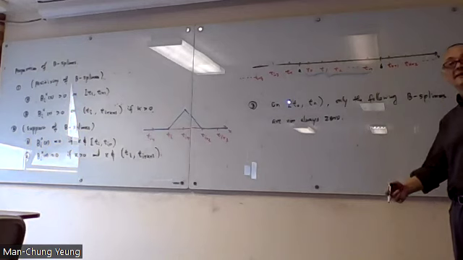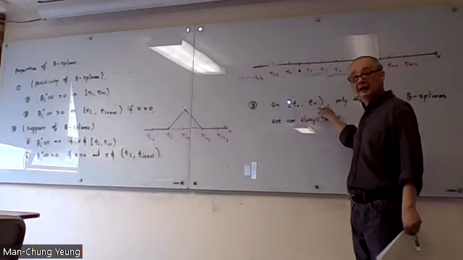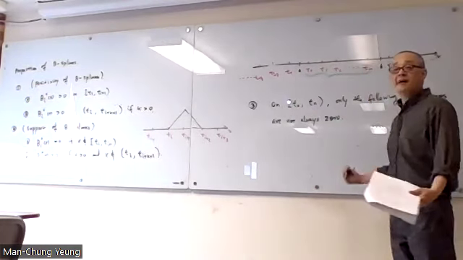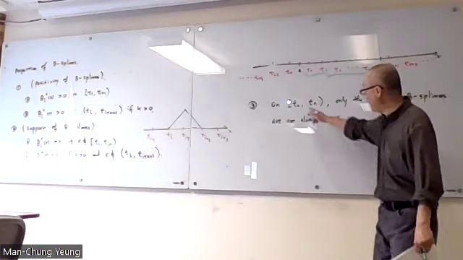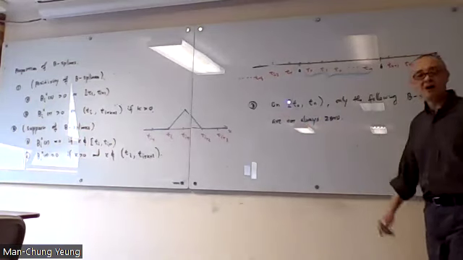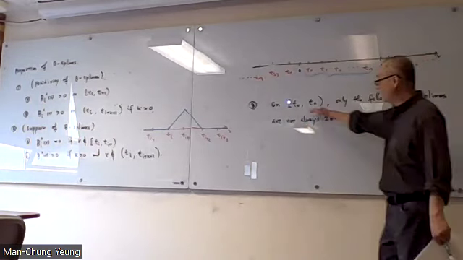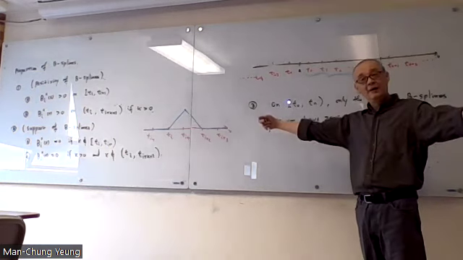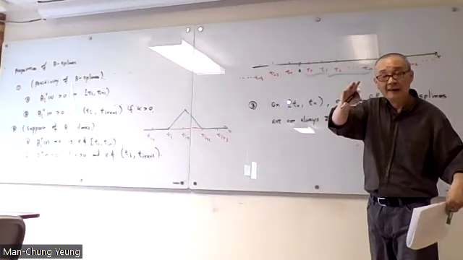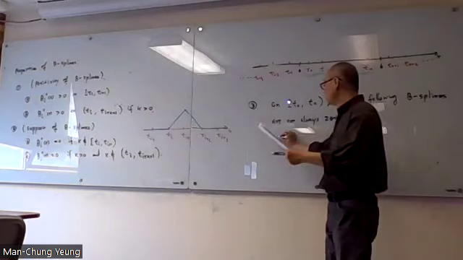A spline that is always zero means that at any point in this interval, the function value is zero. Not always zero means that there is at least one point here where the function value is non-zero. Over this interval, we have many basic splines, but only the following are not always zero. Also two cases.